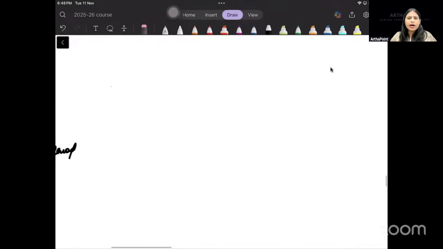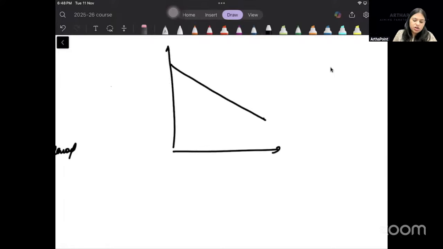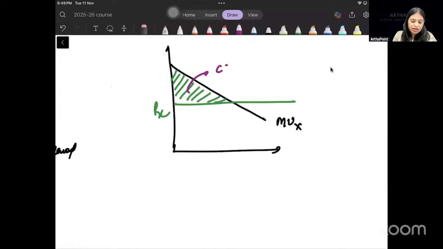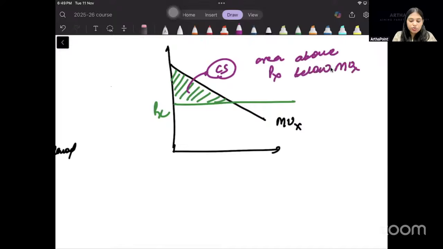We can think that whatever amount we demand is equivalent to the additional utility we are getting from the commodity. As long as I get positive extra utility, I will demand the commodity, and if the utility becomes zero or negative, I will not demand it. So we can think that the marginal utility of a commodity very closely represents the demand for the commodity. And if I write the Px here, then this area will be our consumer surplus. So the area above price and below the marginal utility curve is also consumer surplus. We can also call this consumer surplus.